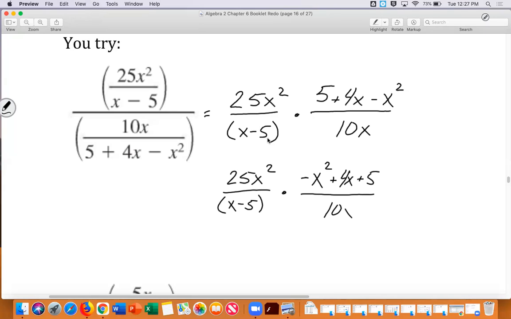Okay. Now, Julia's talking about how that x squared being negative is making it tough to factor, right? Now, there is nothing in the laws of math that says, well, why can't I just factor out a negative? So I can factor out a negative. All that does when you factor out a negative is flip your signs.